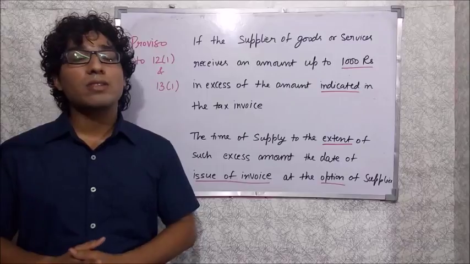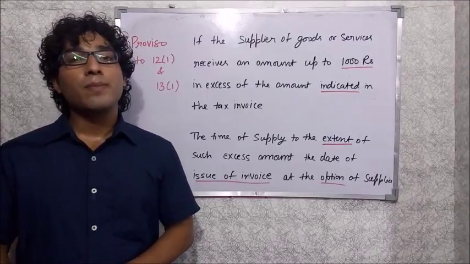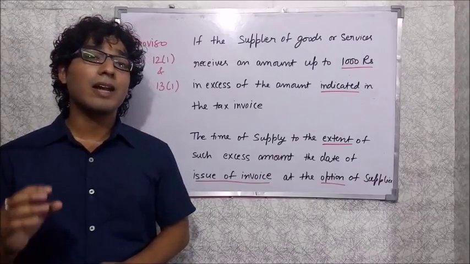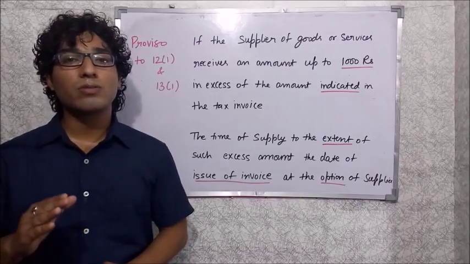So if the supplier issued an invoice and the recipient makes the payment, the advance payment should be in excess by only 1000 rupees.